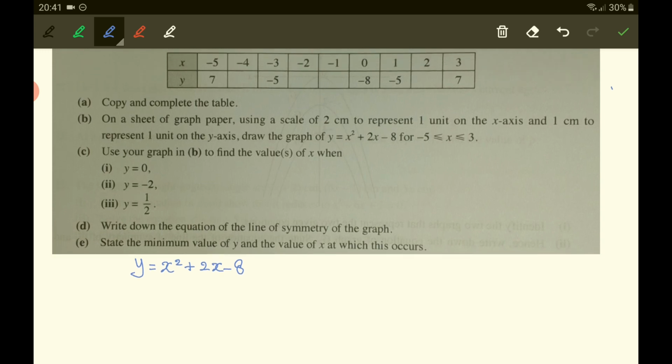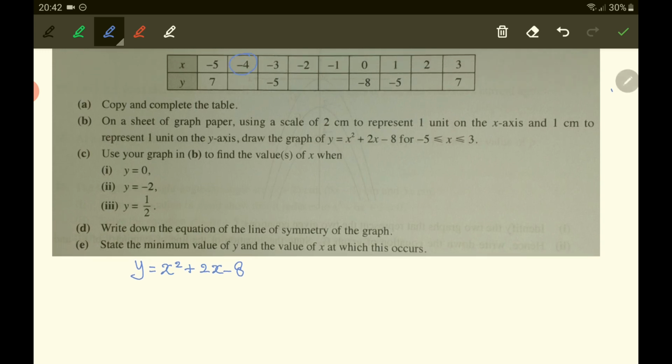When x equal to minus 4, the value of y equals minus 4 squared plus 2 times minus 4 minus 8. So we got 16 minus 8 minus 8, which is equal to 0.